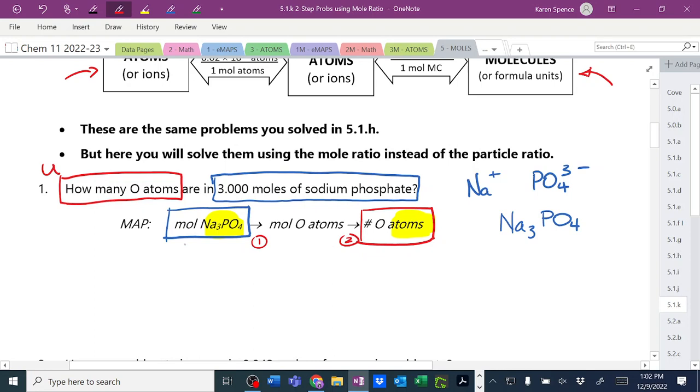So let's start with our moles of Na3PO4. How many O atoms is equal to 3.000 moles, MOL, remember that's the abbreviation for mole, of Na3PO4.